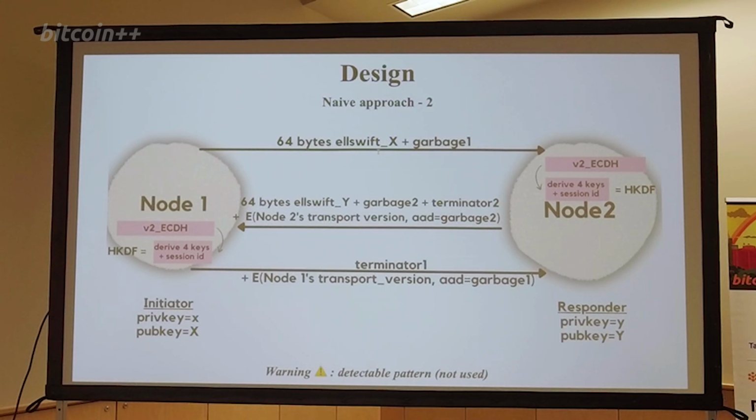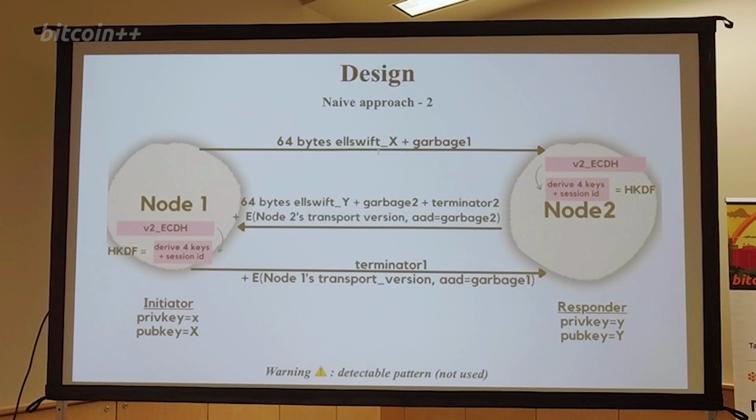Any idea why? It's again related to the beginning: node 1 would always send 64 bytes, and then node 2 will respond back only after it received 64 bytes. Now, node 1 sends 64 plus pseudo-random garbage bytes.